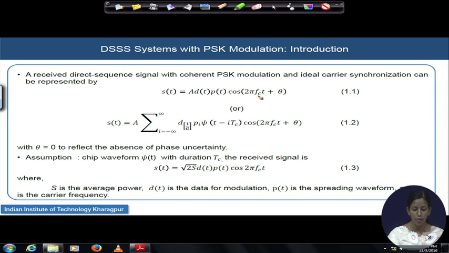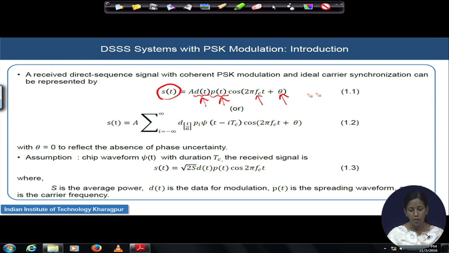We understand now fc is the transmission frequency, θ is the random phase associated with it, d(t) is the modulated signal, and p(t) is the spreading waveform. All that we have also seen in the timing diagram as well as in the frequency diagram, what will be the spectrum of s(t) after this operation.